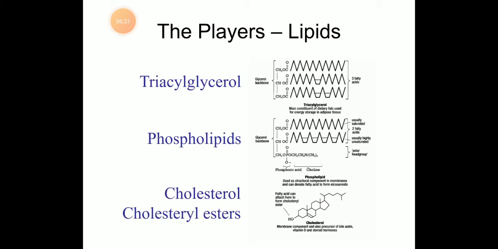And here we are seeing the key players, as I said, the triacylglycerol or triglycerides, the phospholipids, and cholesterol esters. These cholesterol esters are of two types, the unesterified cholesterol as well as the esterified cholesterol.